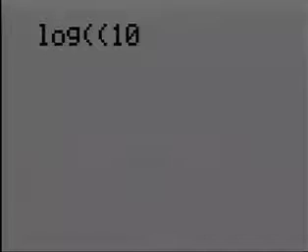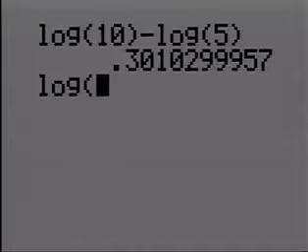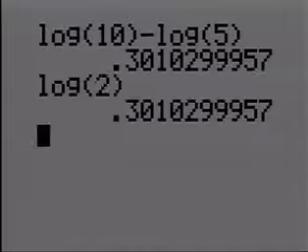Well, let's take a look at the second one. We were asked to compare the log of 10 minus the log of 5, so I'll enter that. Whoops, don't need that many parentheses there. Log of 10 minus the log of 5, and that gives us about 0.301029997. And let's see what the log of 2 is. Looks like about the same thing.